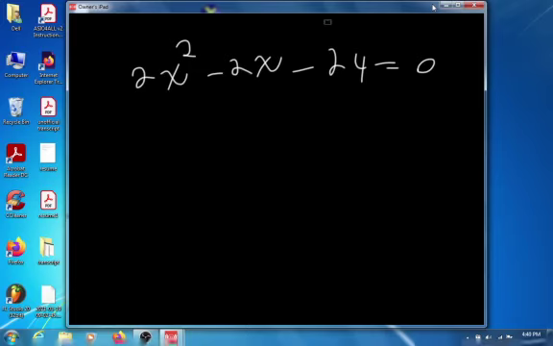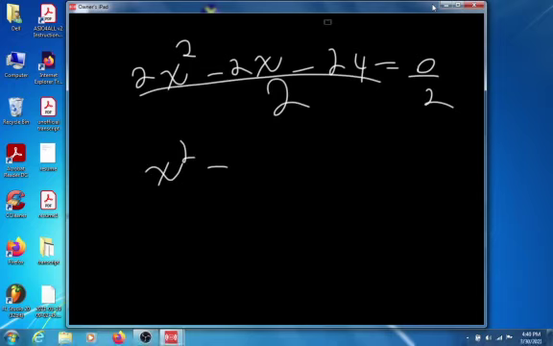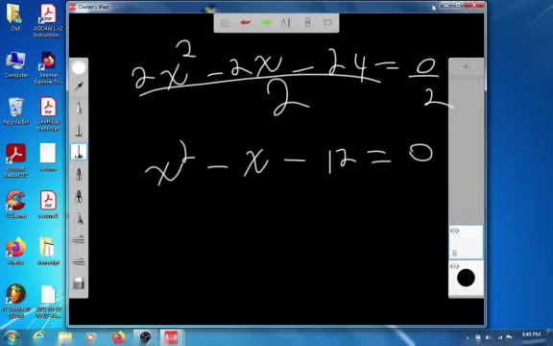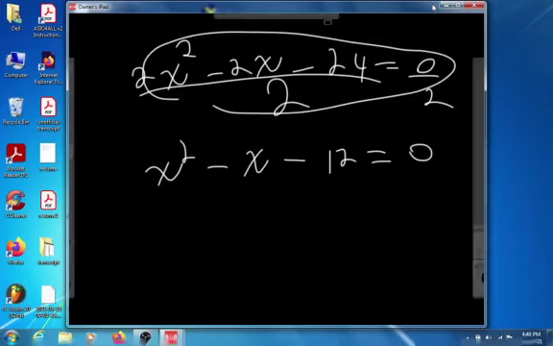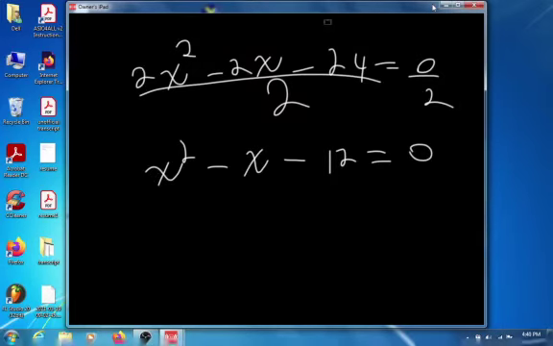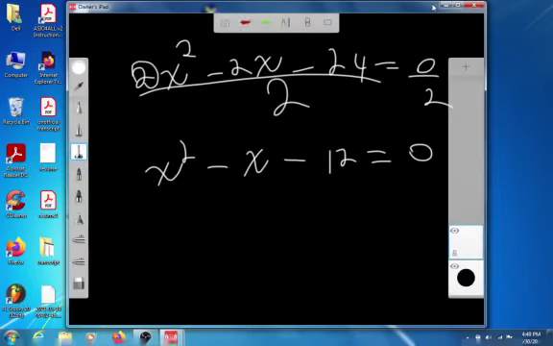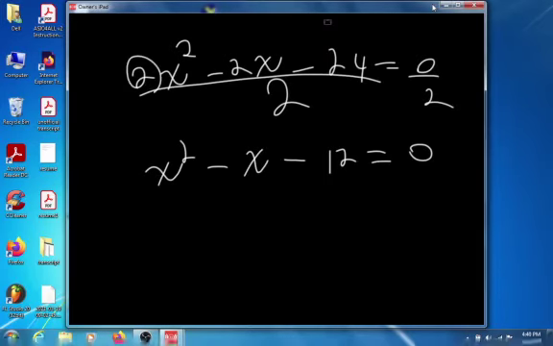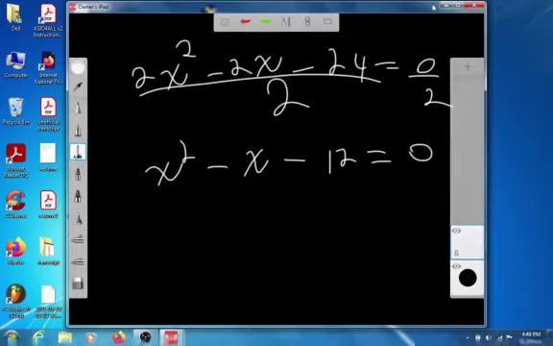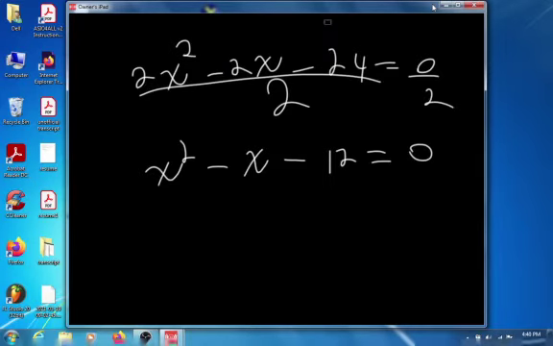If you divide this whole thing by 2, even the right side, you would get x squared minus x minus 12 is equal to 0. The point of doing that is to get this first coefficient equal to 1. If you can divide the whole equation by some number where every coefficient divides evenly and the first coefficient turns to 1, that's what you want to do first every time you try to solve a quadratic equation.